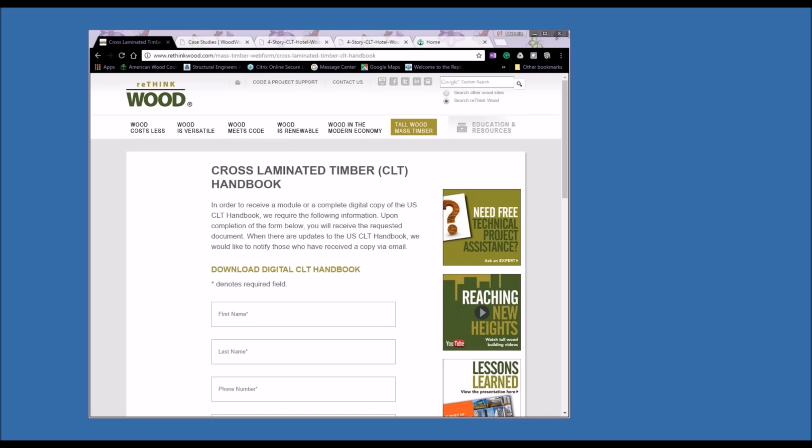Wind resisting systems, for light frame, we typically go to the special design provisions that AWC publishes. So we're still in that situation where CLT shear walls and CLT diaphragms won't be covered there. So to design a CLT shear wall and diaphragm for a wind application in a location with no seismic, you're really going back to first principles, determining your loads and doing your connection design to handle those loads.